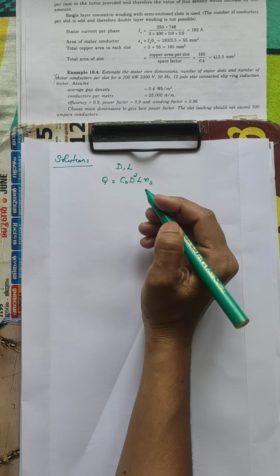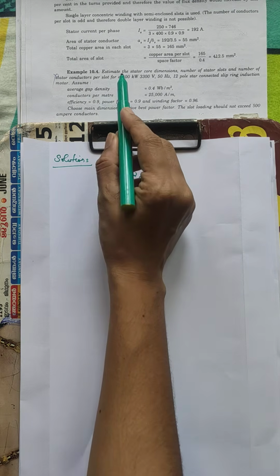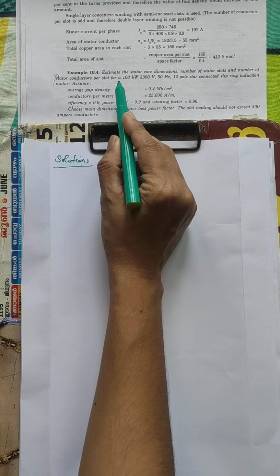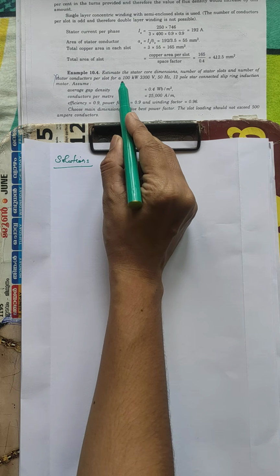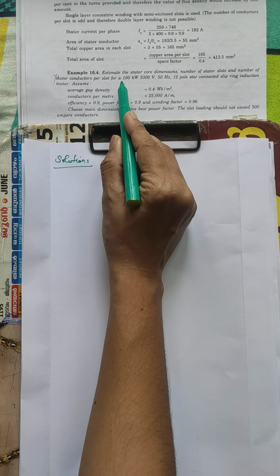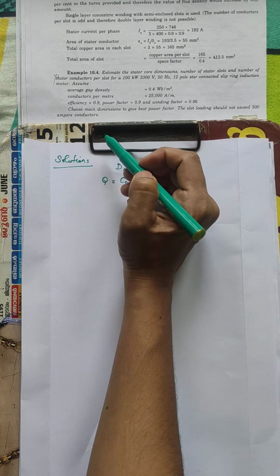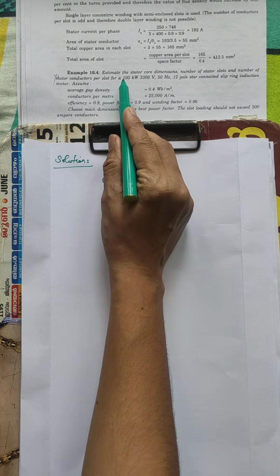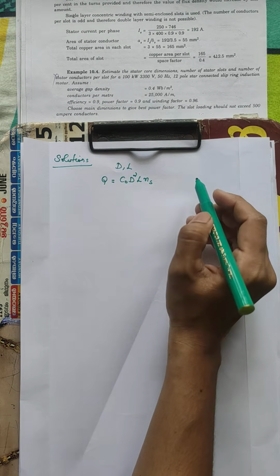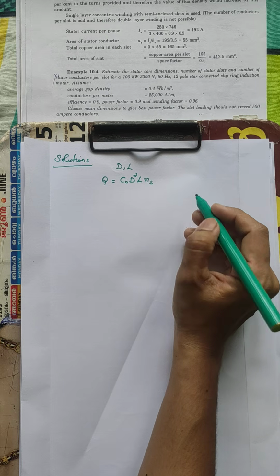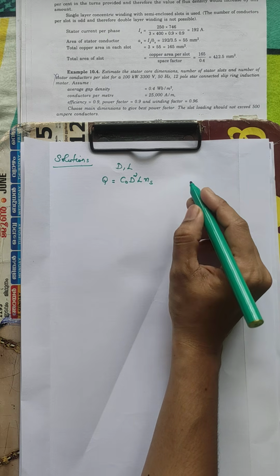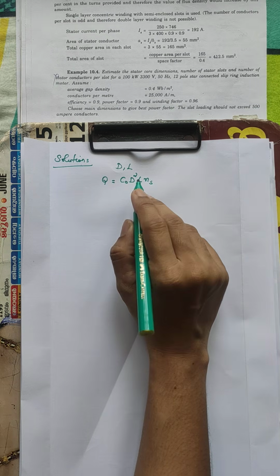But in case of induction machines, the value given in the question is the machine rating, the rating of the induction motor, that is output power in kilowatt. Here this 100 kilowatt denotes the output power. But for an induction motor, electrical power is in the input side.